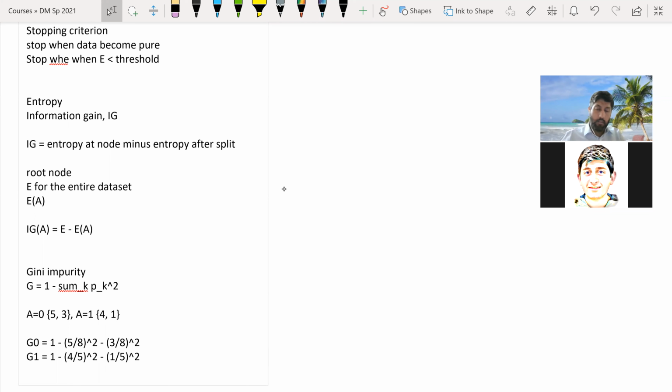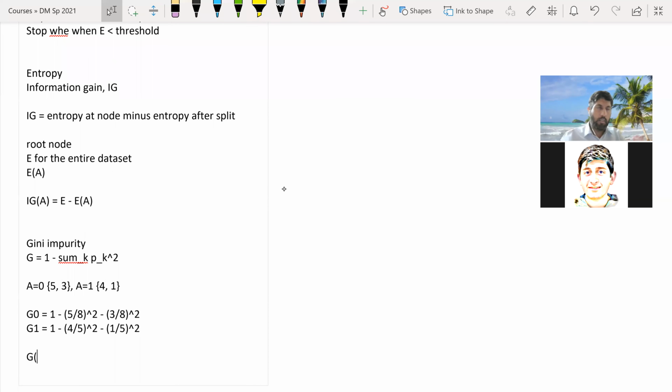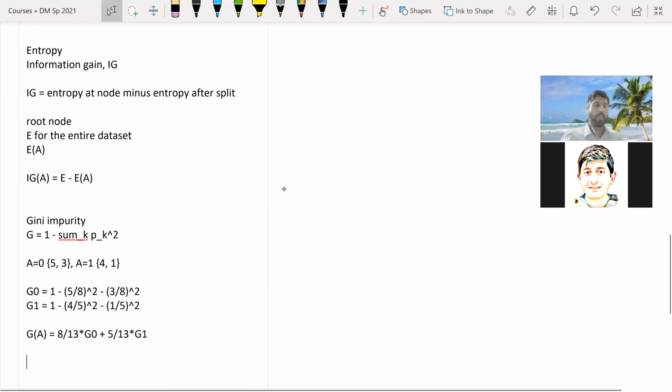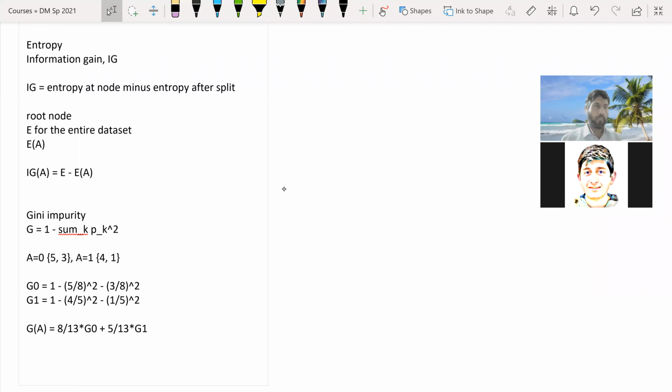And G A of course would be as before, मेरे पास 8 over 13 into G0 plus 5 over 13 into G1. ठीक है? And then of course we will compute for GB, GC, और जिसका सबसे थोड़ा है, that is the one that you select greedily.